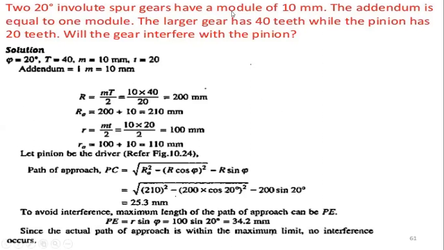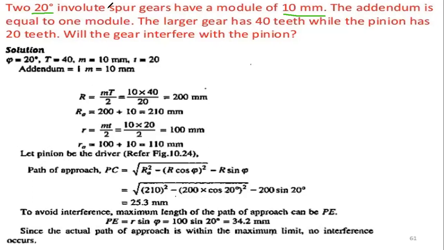Two 20 degrees involute gears, that is a pair of gears, has a module of 10 mm, that is small m is equal to 10 mm, and phi is 20 degrees.